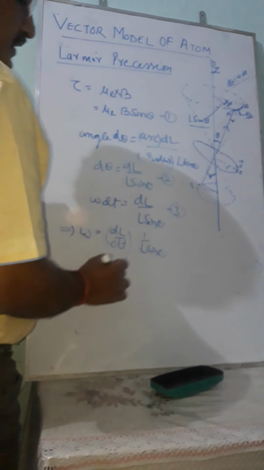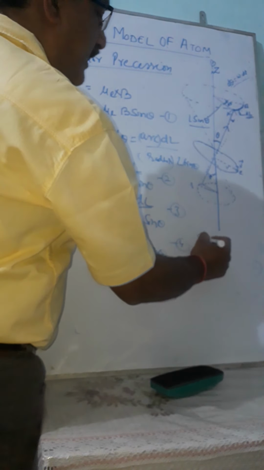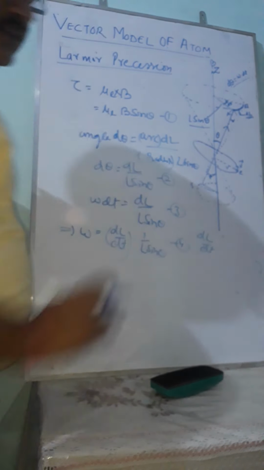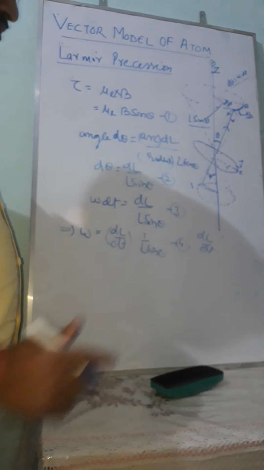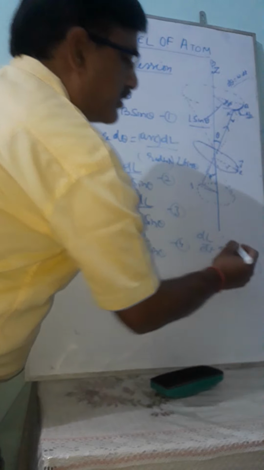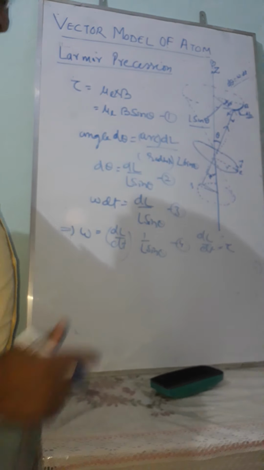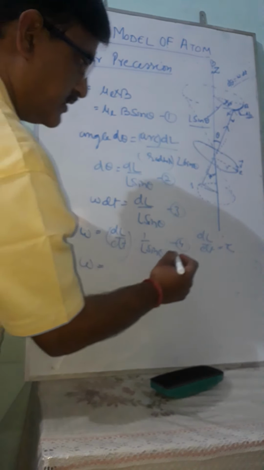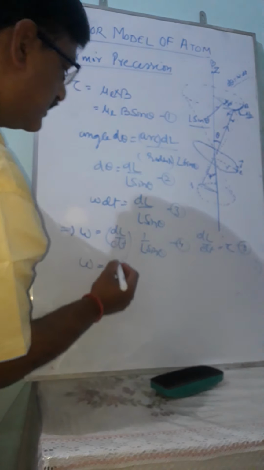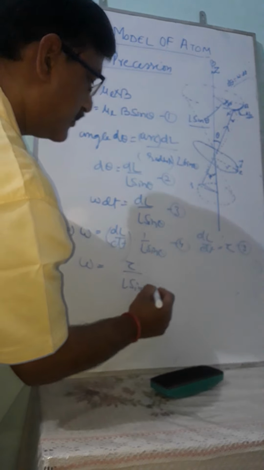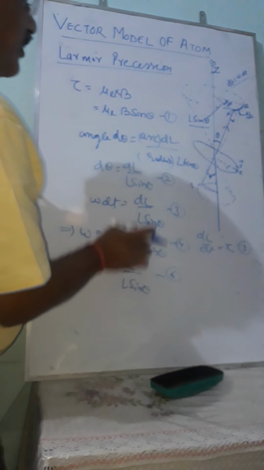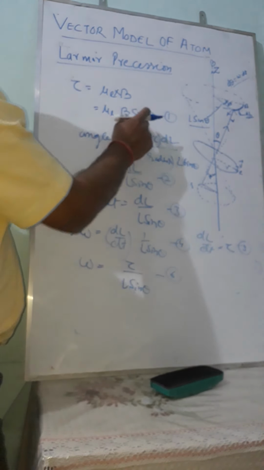Now dl upon dt, this is equation number 4, is the rate of change of angular momentum, which is equal to the torque tau. So omega is equal to tau upon L sine theta. Tau from equation number 1 is mu L into B sine theta.